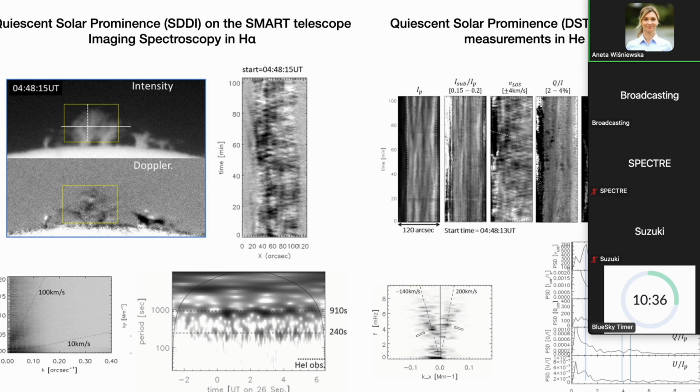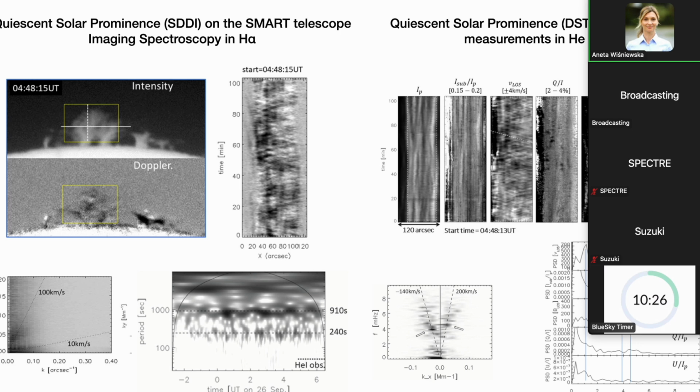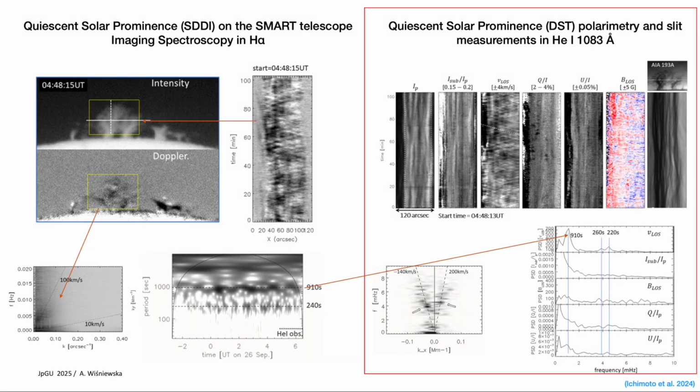And what is important is that this prominence was investigated by Professor Ichimoto in 2024, and his team was using the Japanese ground-based telescope SMART and the SDDI instrument, and they were measuring this prominence in two wavelengths: chromospheric H alpha and helium-1 1083, I guess.